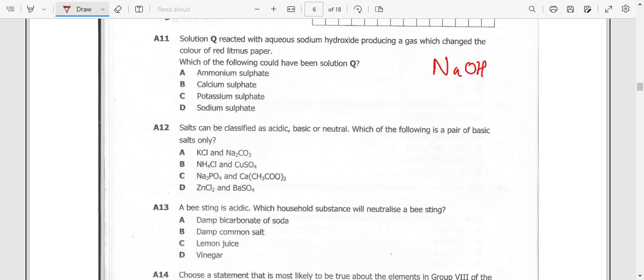Okay. So an acid is a compound that has got hydrogen. If you see a compound like HCl, H2SO4, HF, all these are acids.